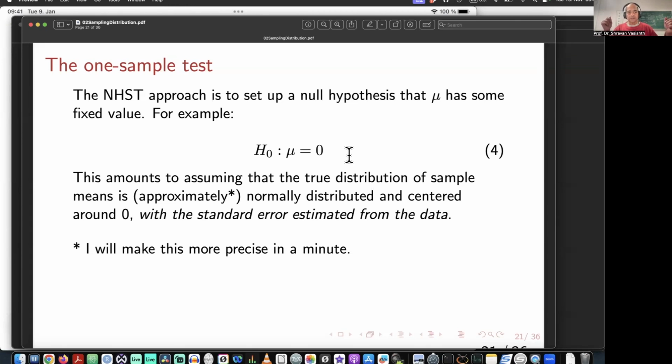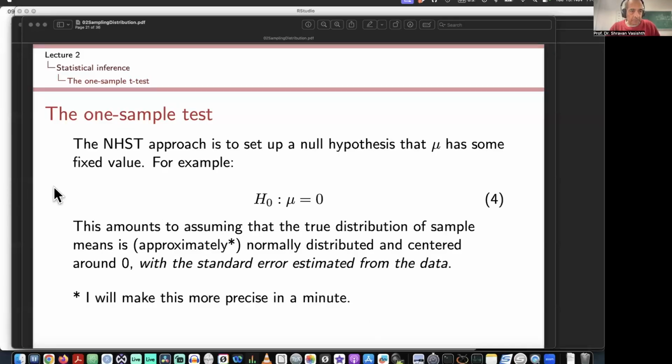Intuitively, it should make sense that if my sample mean is very far away from the hypothesized mean, then I would be very skeptical about this null hypothesis in equation 4. But if my sample mean is very close to the hypothesized mean, then maybe it's possible that my null hypothesis is true. Okay, I'm going to make this idea very precise in the next part of this lecture.